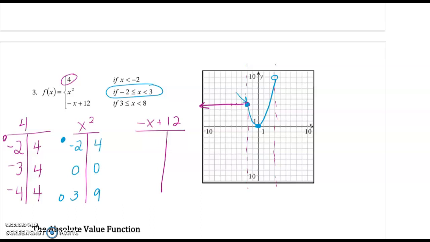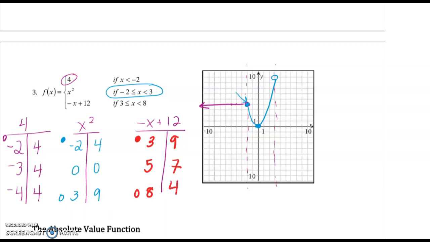Okay, negative x plus 12. I can plug in 3 until 8. It's going to be a closed circle at 3 and an open circle at 8. And maybe I might just plug in 5. So I'm going to take negative 3 plus 12, negative 5 plus 12, negative 8 plus 12.